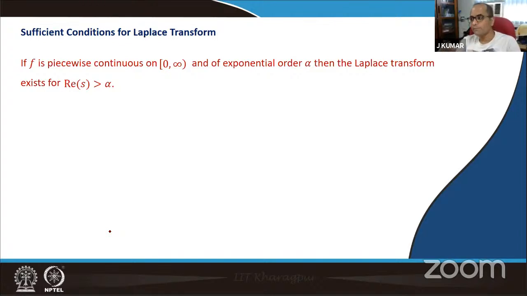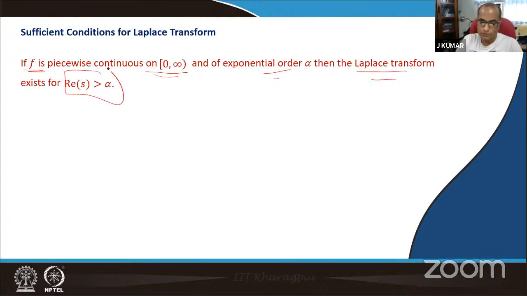So this is equally important. For the existence, f should be piecewise continuous. That is one condition: the function which we are taking should be piecewise continuous in the interval from 0 to infinity, and it should be of exponential order alpha, and then the Laplace transform exists.